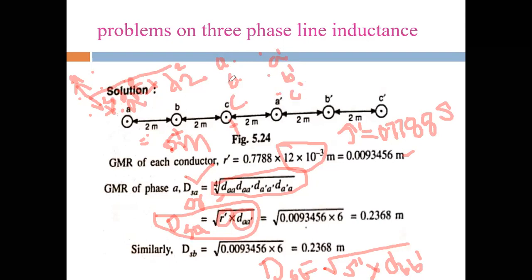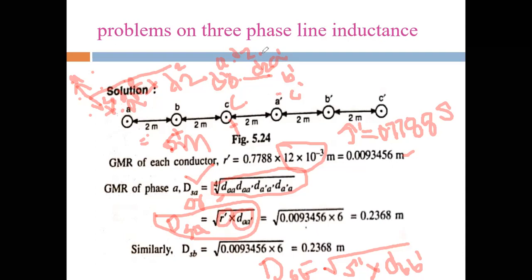What is the distance between B to B dash? That is D2. The distance between A to B is D1, and the distance between A to A dash is D2. Therefore, the distance between B to B dash is also D2.